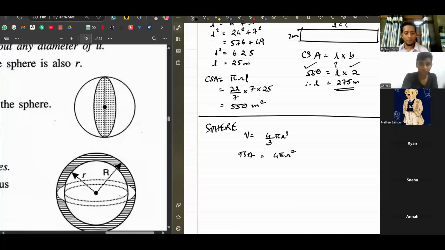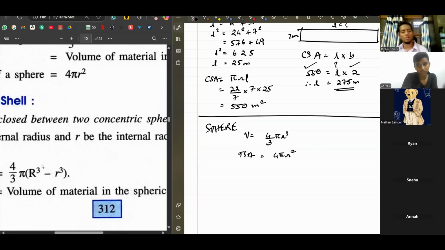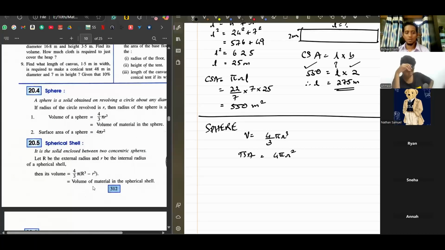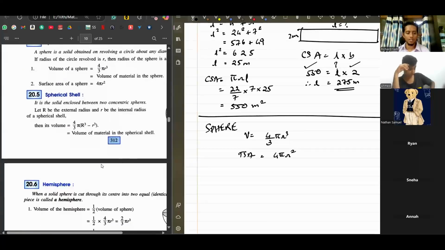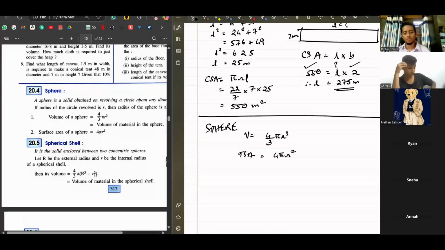And if you want to find its volume, you have to do the outer sphere's volume minus the inner sphere's volume. That is 4 upon 3 pi capital R cube minus 4 by 3 pi small r cube. So when you take common outside, you'll get this formula: 4 upon 3 pi times (capital R cube minus small r cube). Is that clear? Any doubt? That is the volume of the material in the spherical shell. So that's all the formulas for a sphere.